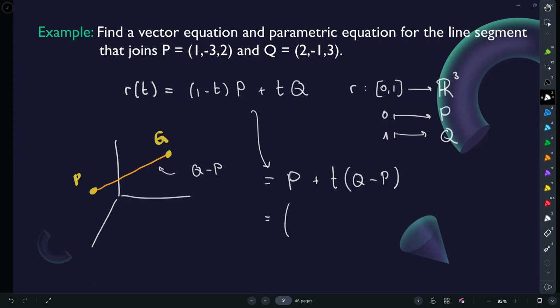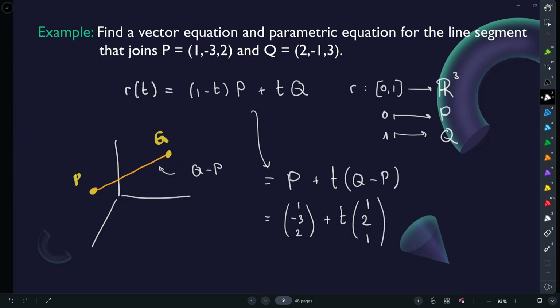The point P is the point 1, minus 3, 2. And t times the vector Q minus P will be the difference of coordinates. So 2 minus 1 is 1. Minus 1 minus minus 3 is 3 minus 1, which is 2. And 3 minus 2 is 1.